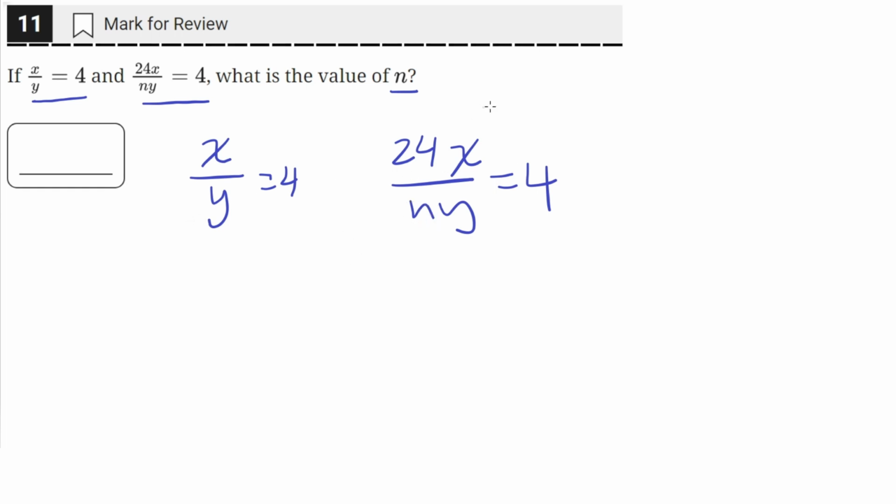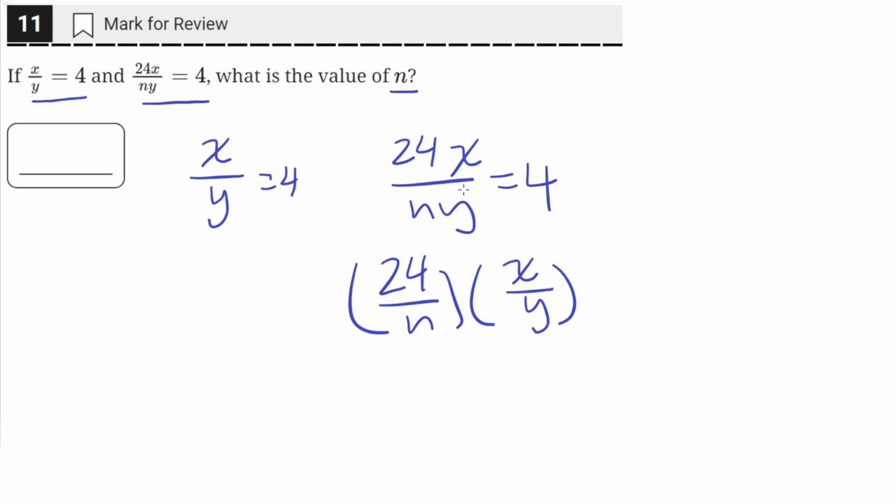Okay, so using the second equation, we can rewrite this as 24 over n multiplied with x over y. So I just took this x over y out and put them into two separate multiplying terms. And this will still be equal to 4.